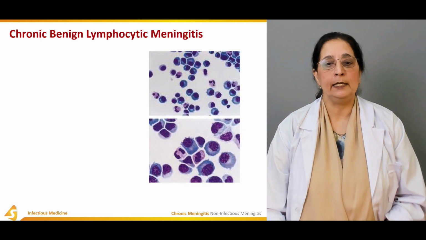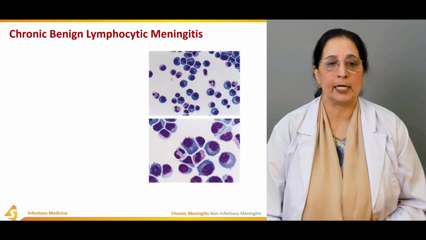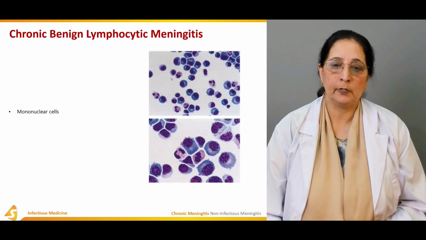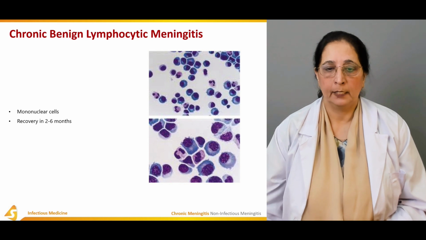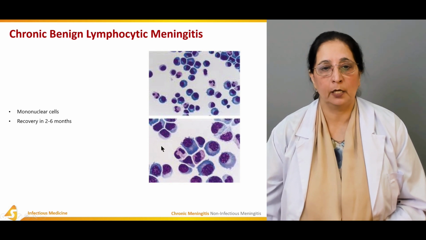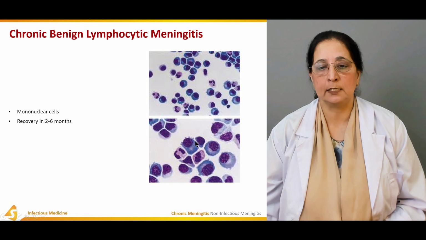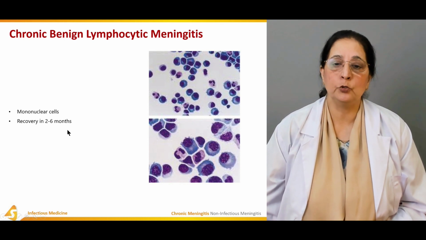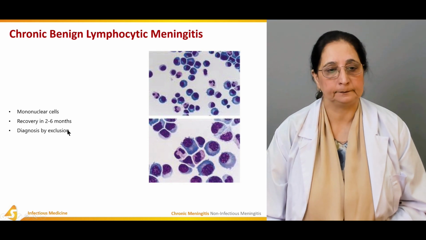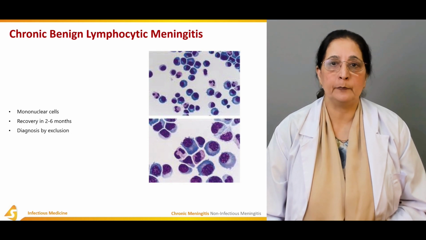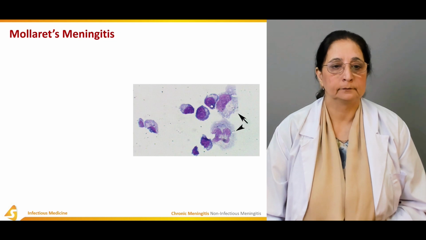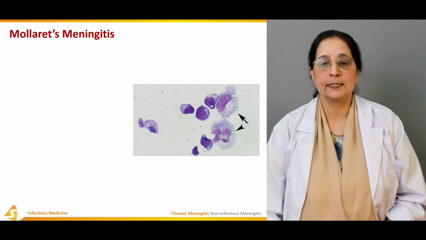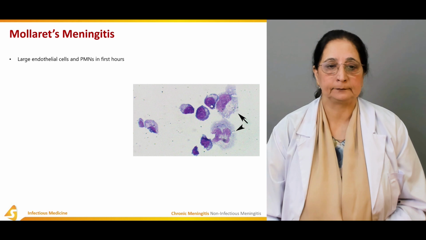Chronic benign lymphocytic meningitis: mononuclear cells again, lymphocytes, plasma cells. Recovery is in 2 to 6 months. Diagnosis is by exclusion. Then we have Mollaret's meningitis.